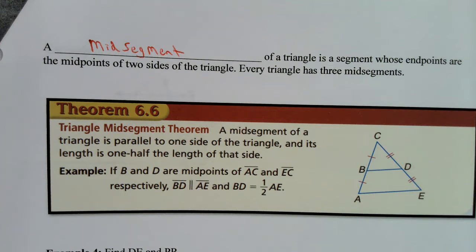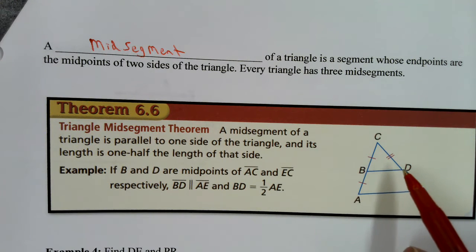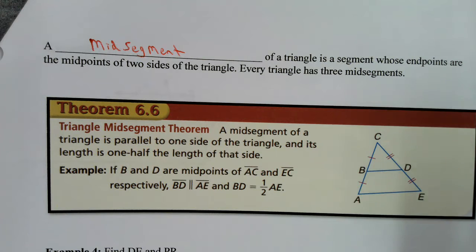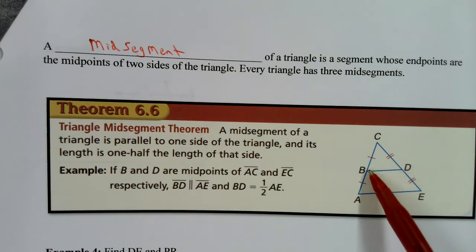Every triangle has 3 midsegments. Okay, so just really quick before I go over the theorem, BD is a midsegment, okay, because it goes to the midpoint of this side and the midpoint of this side. It's called a midsegment. A segment whose endpoints are the midpoints of two sides of the triangle.